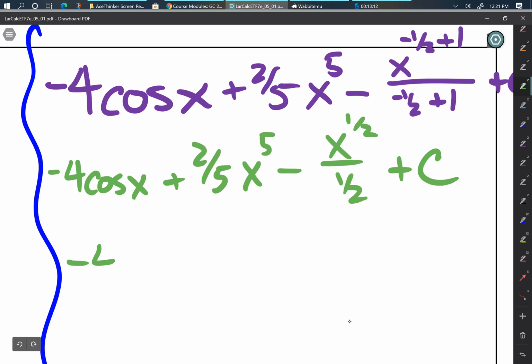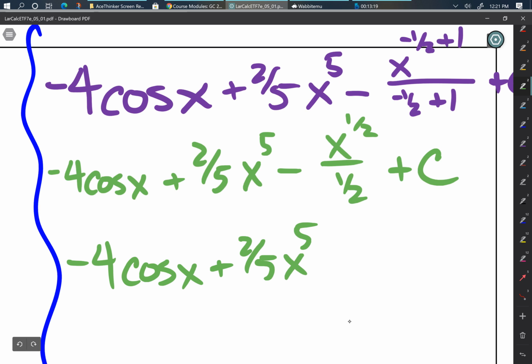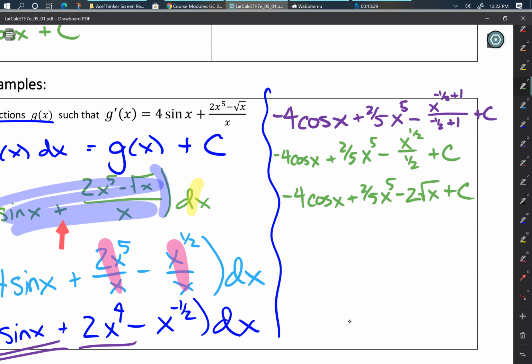So I'm going to get negative 4 cosine x plus 2/5 x to the 5th minus 2 root x plus c.